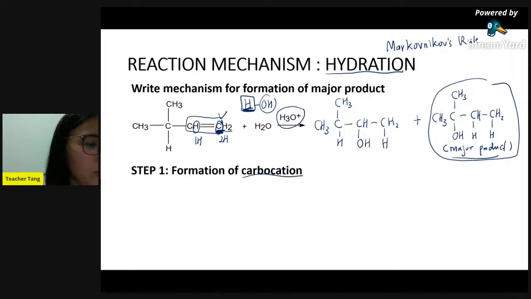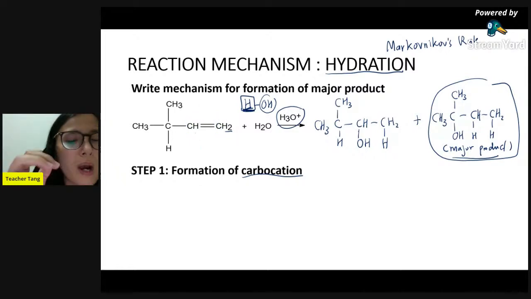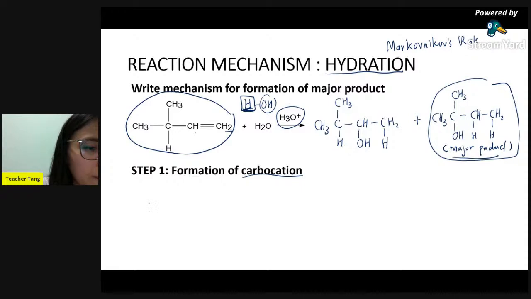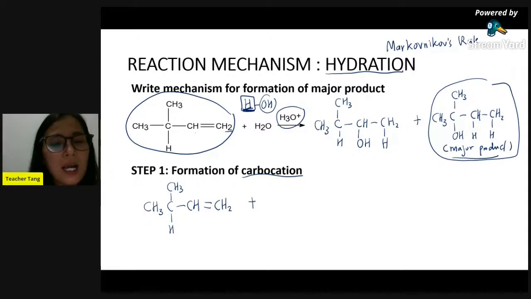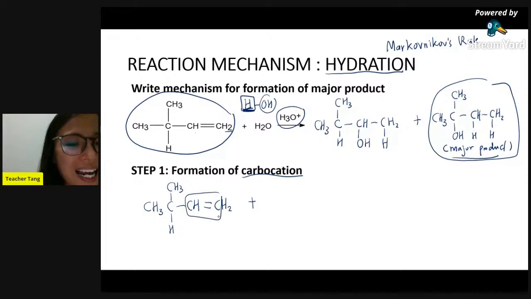Again, to draw the mechanism, we don't start with the burger, we start with the bread. So where is our bread? So this is our bread. So copy. You need to react with, so in hydration, yang ini kaya, carbon-carbon double bond kaya. In hydration, we have water and also H3O+.